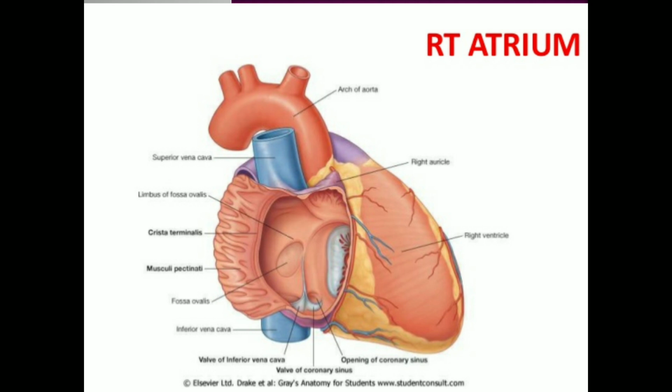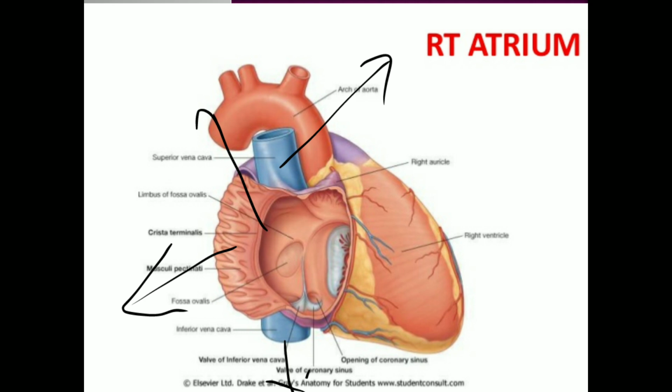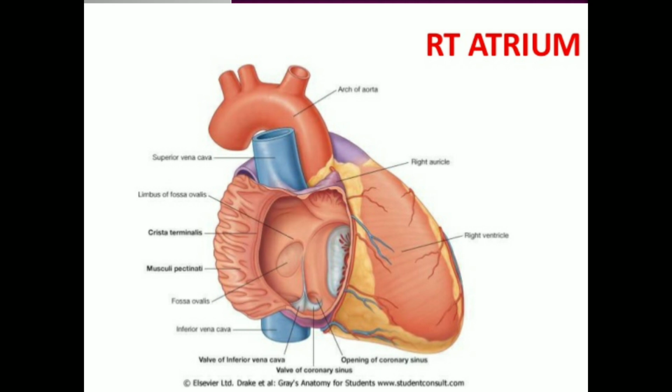To summarize, we have looked into the interior of the right atrium. The interior of the right atrium consists of three parts: anterior rough wall, posterior smooth wall and the septal wall. The anterior rough wall consists of the crista terminalis and musculi pectinati. The posterior smooth wall consists of openings of veins: superior vena cava above, inferior vena cava below, coronary sinus and the small openings called venae cordis minimae. Then the septal wall consists of an oval depression called the fossa ovalis, and its margin is called the limbus fossa ovalis.